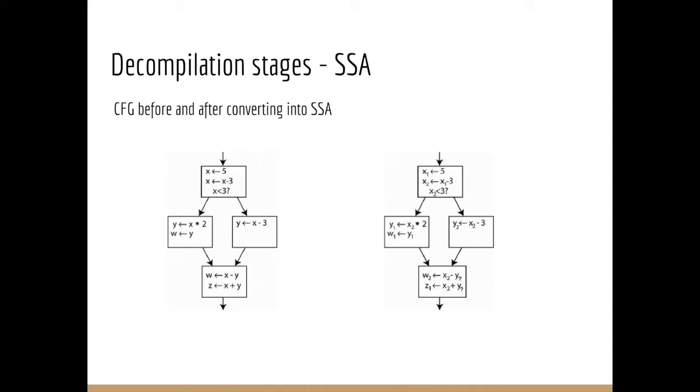So after performing some analysis, in SSA form the second x, which is a result of the first x minus 3, becomes a new variable.